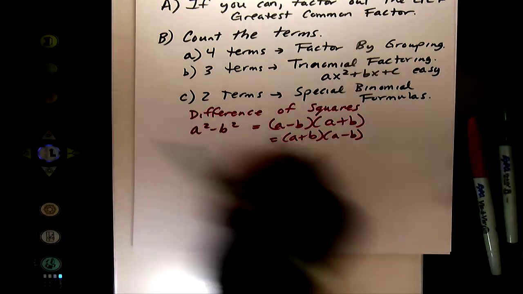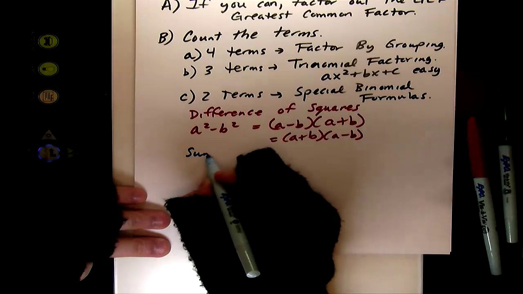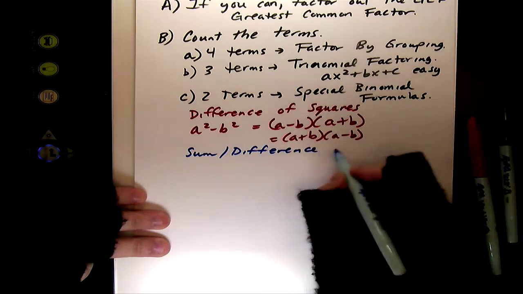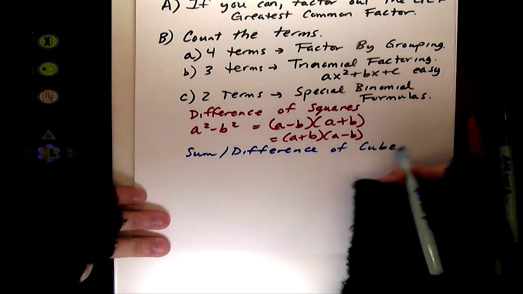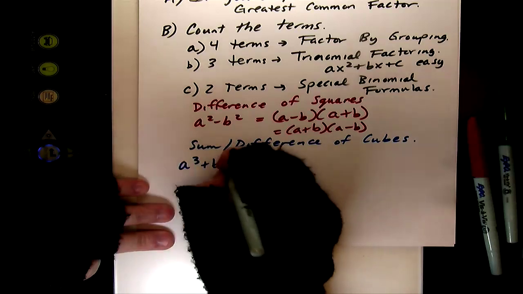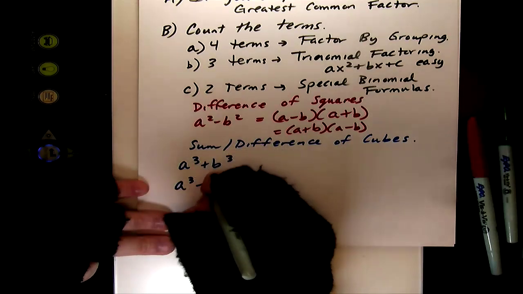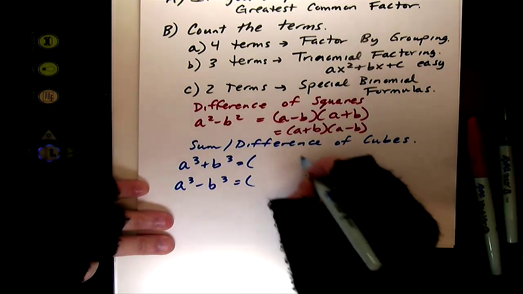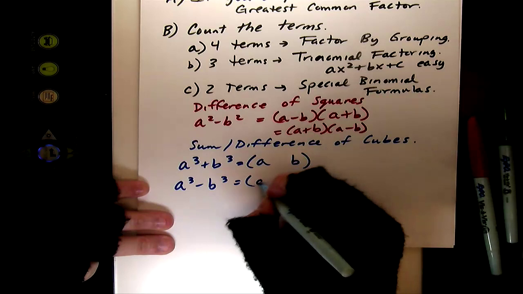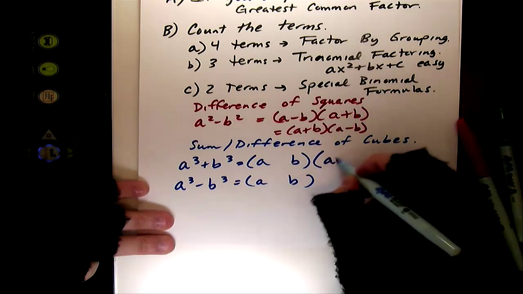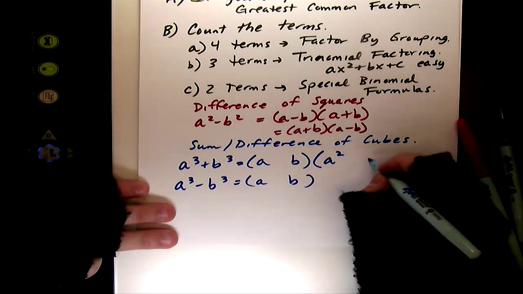Then we have the sum and difference of cubes. The formulas look similar. So similar, in fact, that I'm going to write them at the same time. Both things start off with a parentheses and an A and a B in it. And deliberately leaving some room to put some signs in.